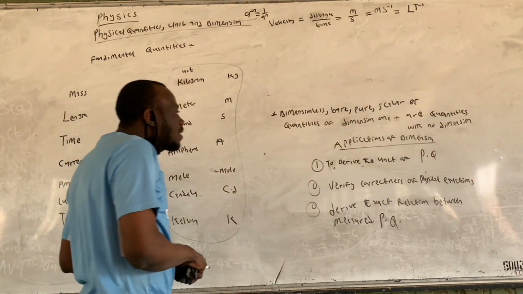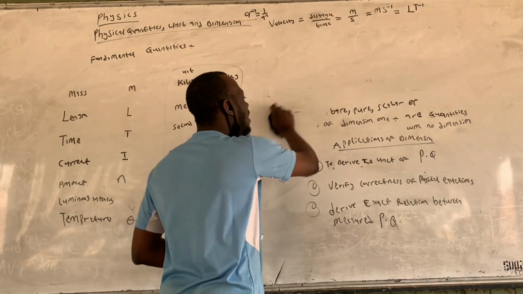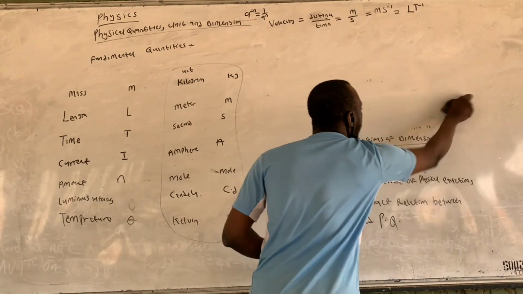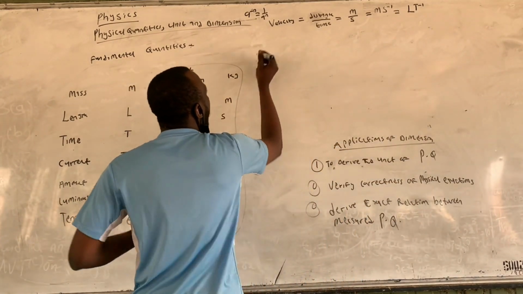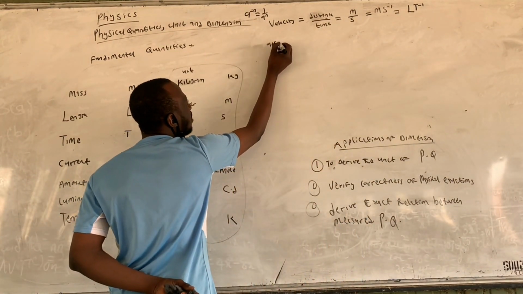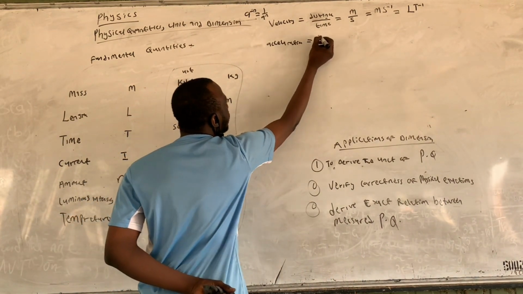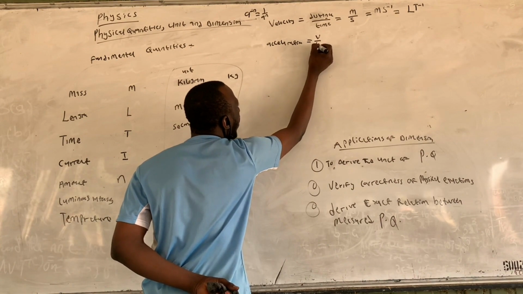So now, after velocity, there is another quantity that depends on velocity. This one is known as acceleration, which is velocity all over time.